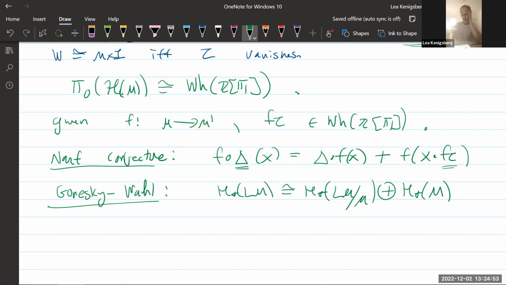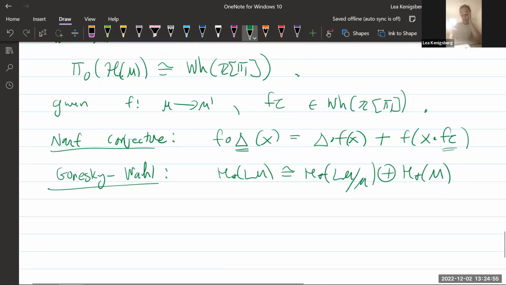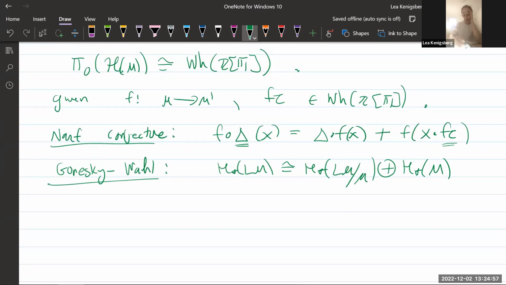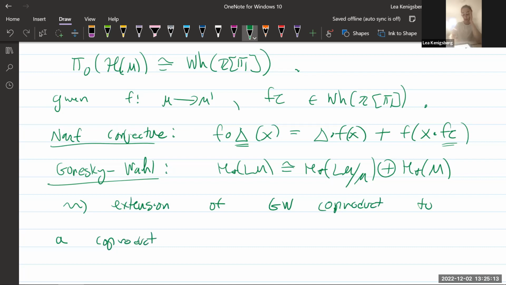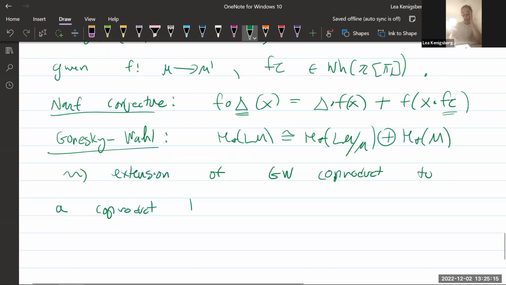And this gives you a way to extend. So this gives you an extension of the Goresky-Hingston coproduct to a coproduct which is now defined on all of symplectic homology. Sorry, not symplectic homology, on the entire loop space.